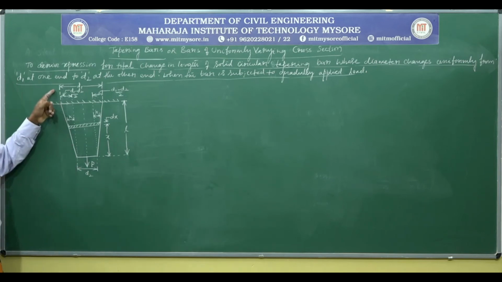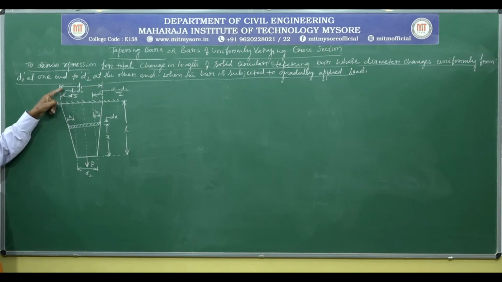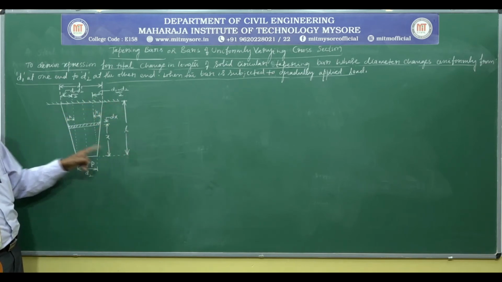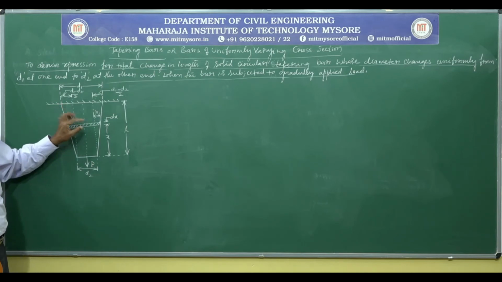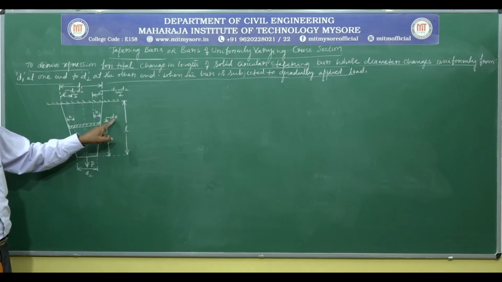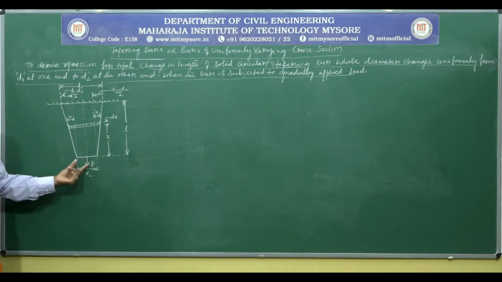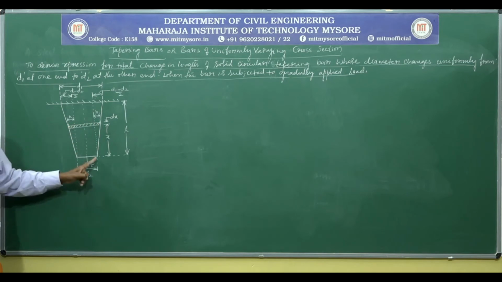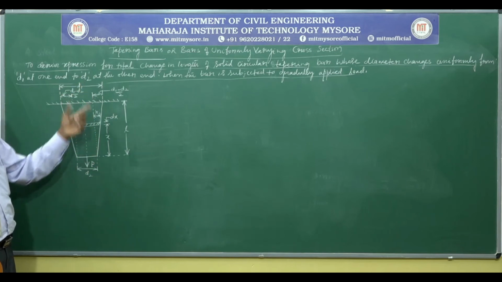So, we have considered a solid circular tapering bar whose diameter varies from d1 to d2. It is a solid circular bar. The length of the bar is L, and let us consider an elemental strip of this bar of thickness say dx, which is at a distance of x from one end. And in order to find out the diameter of this elemental strip, let us project the smaller diameter of the bar in the upward direction.